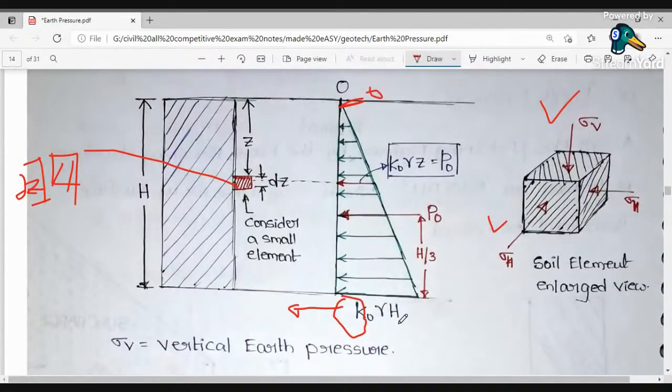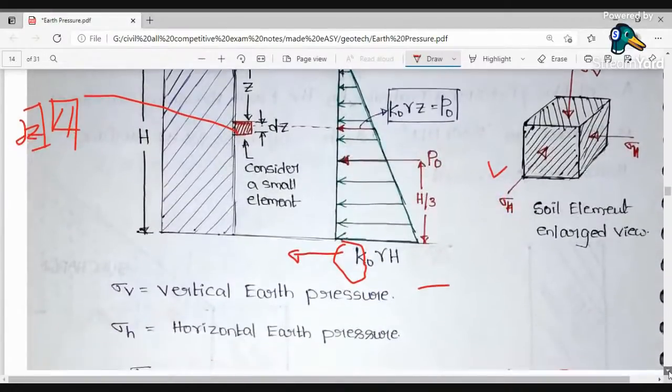At the bottom the Z value is H, that's why K naught gamma into H. So the distribution is linear, and the resultant earth pressure always acts at H by 3, since it is a triangular distribution. From the base, the distance is H by 3. So H by 3 into P naught is the resultant moment, you can say.